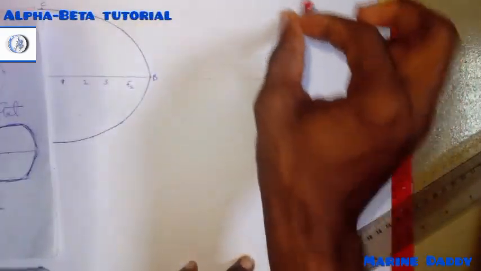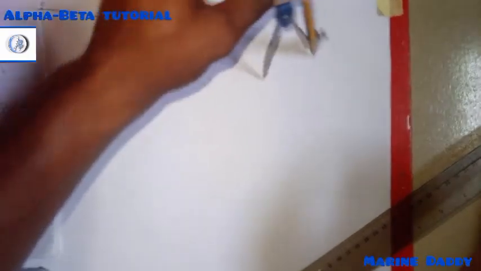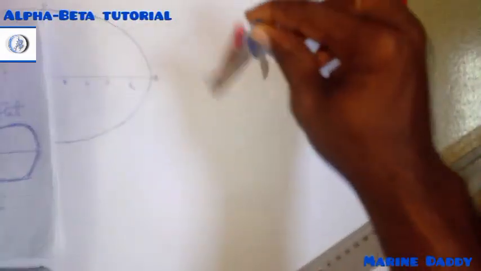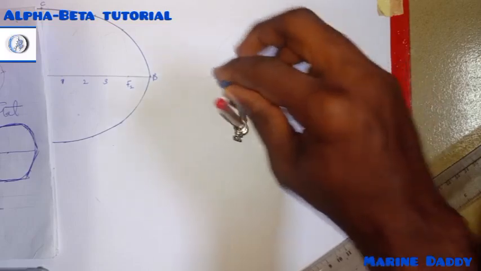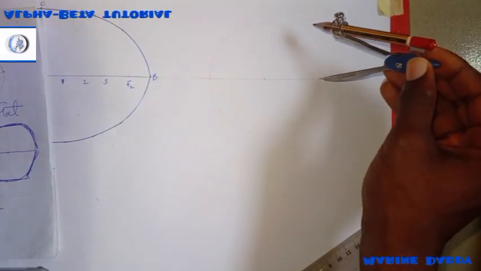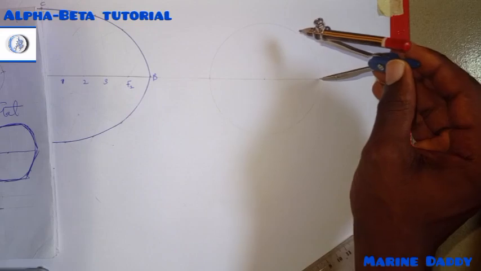I'm drawing. After drawing this, the reason why they normally use the hexagon among every other polygon is because it's easy to construct, since it has a special angle, that's angle 60.